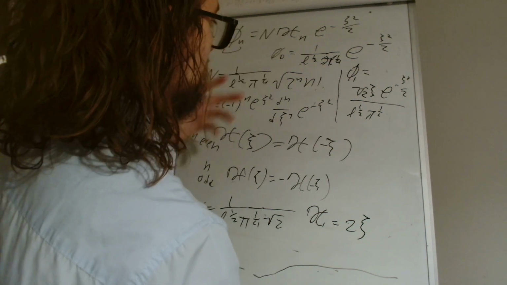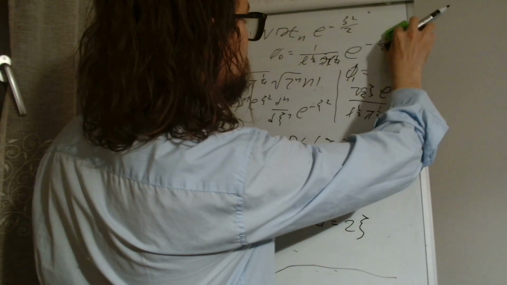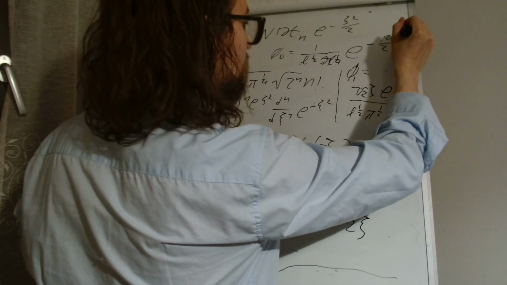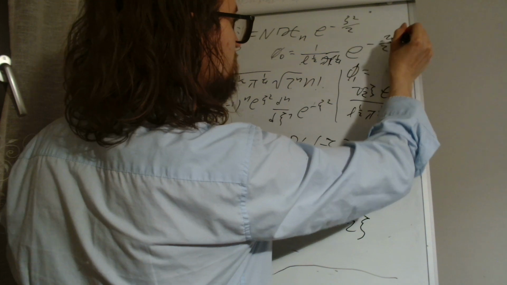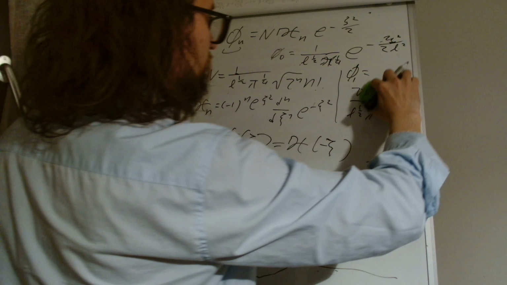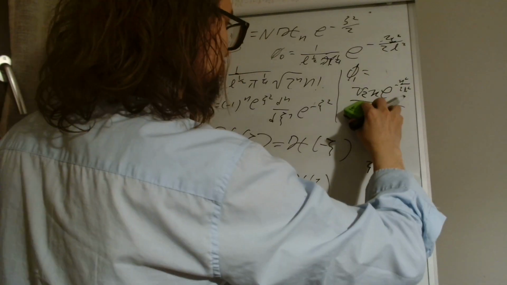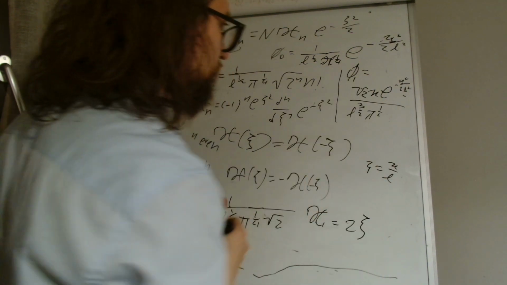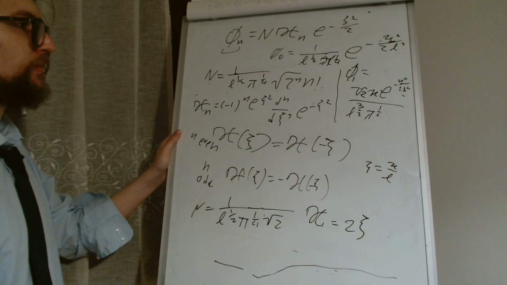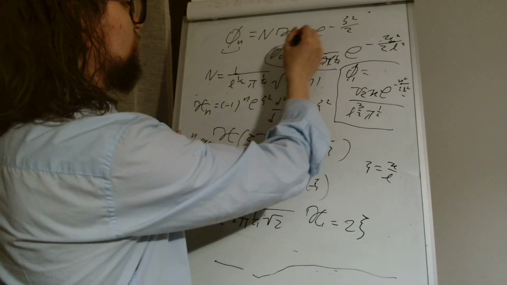Now we can substitute c equals x divided by L. So here we get x squared divided by L squared, and the same thing here, x squared divided by 2L squared, and here we have c divided by L, so we will have L to the 3/2. So this is phi 1, and this is phi 0.